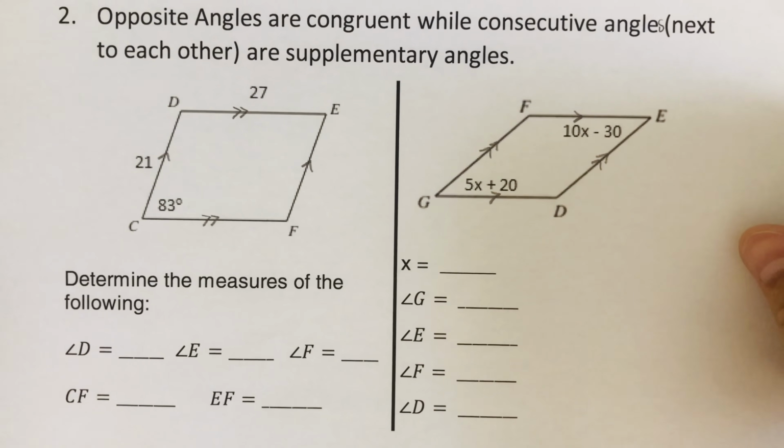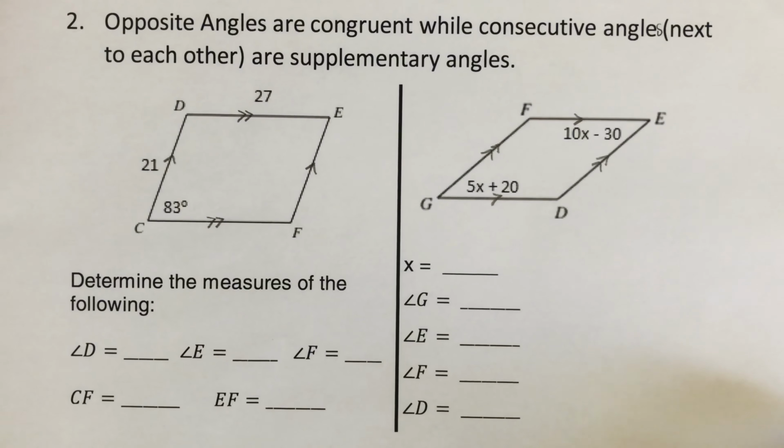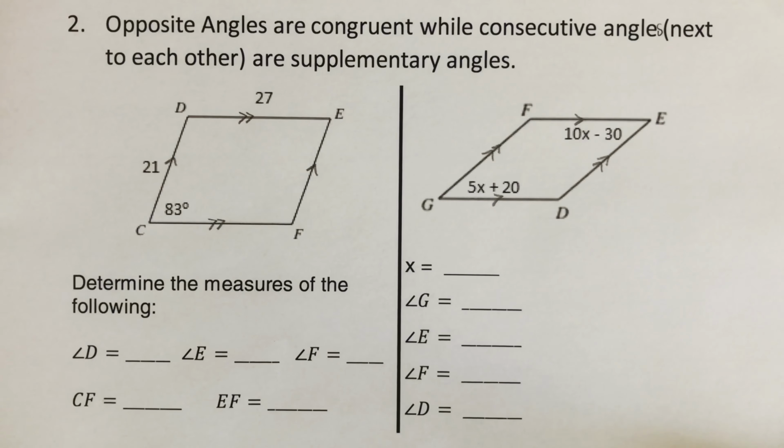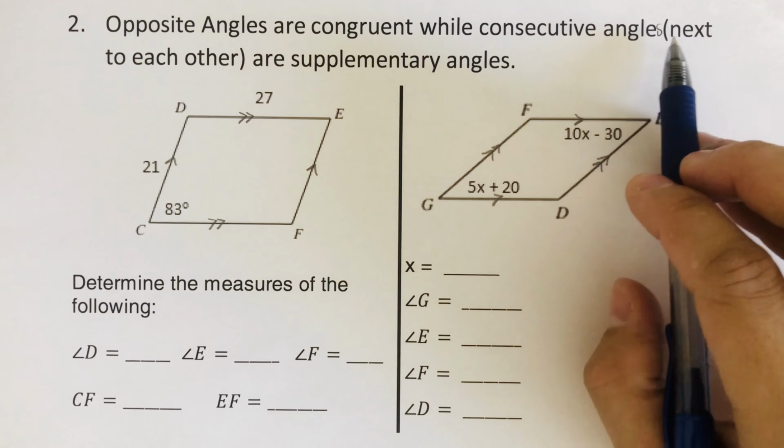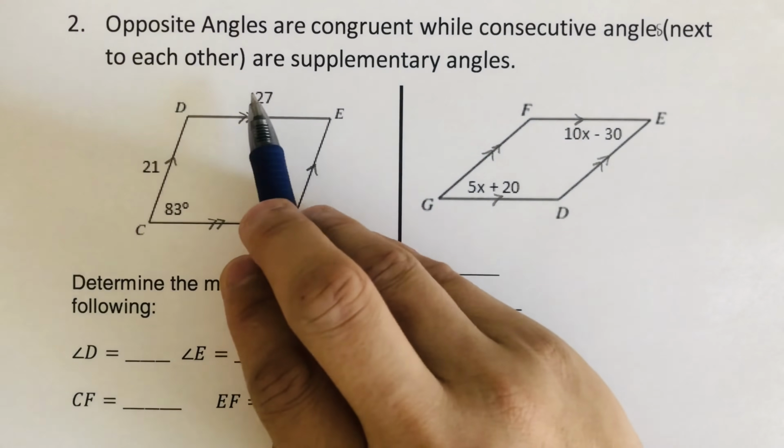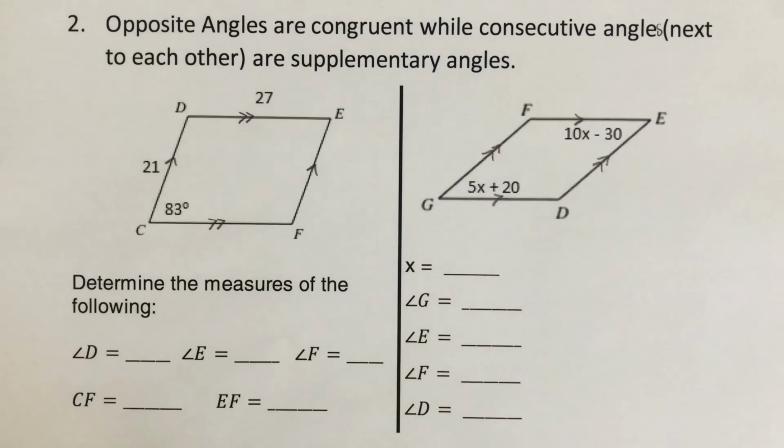The second property of a parallelogram states that opposite angles are congruent, while consecutive angles, which means they are next to each other, are supplementary. So these are the types of angles that are formed here. First, these two are opposite. I would like to point that out over here.